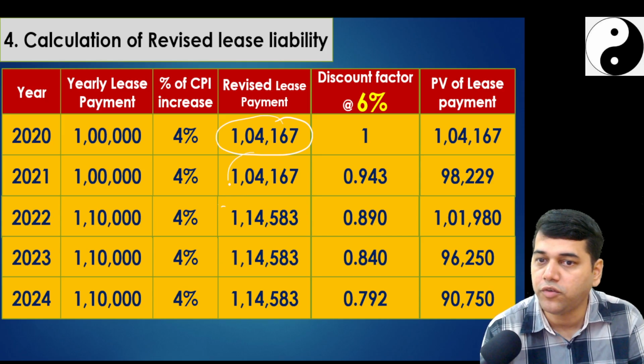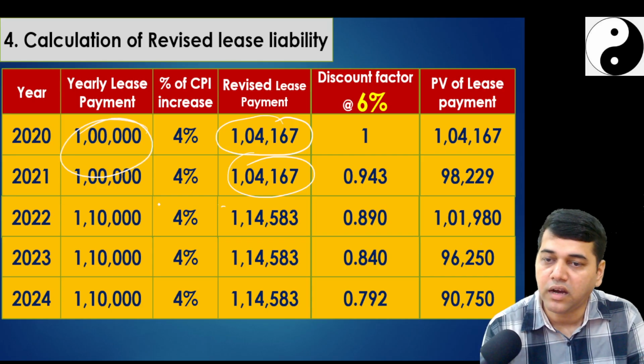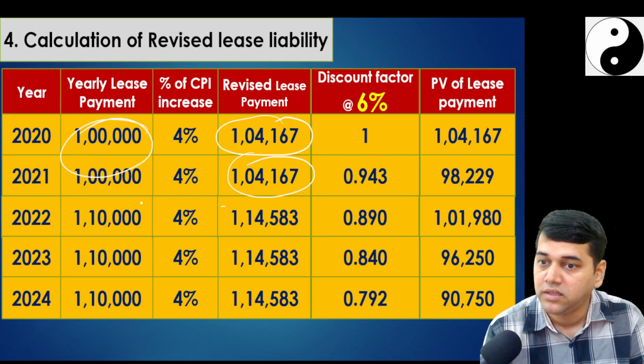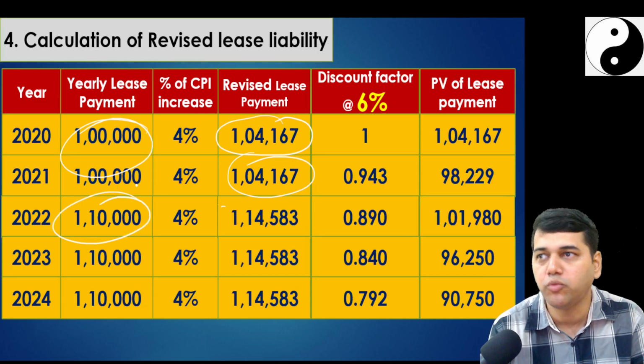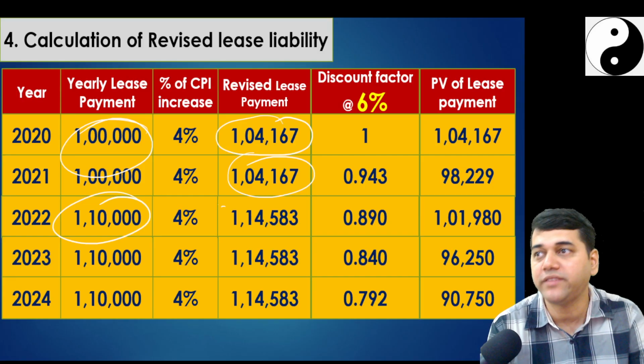Yes, this is only for 2 years, because the base was 1 lakh for you. Then after this, for the next year, the base becomes 1,10,000 automatically, because the moment you opt for renewal, it's 1,10,000. But one term was already telling you that whatever rent you pay should be based on the CPI.